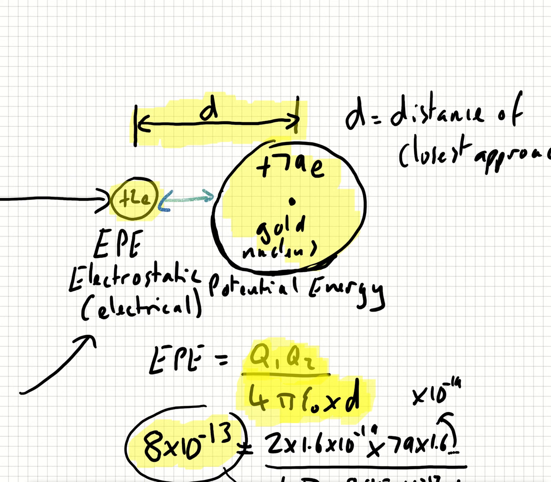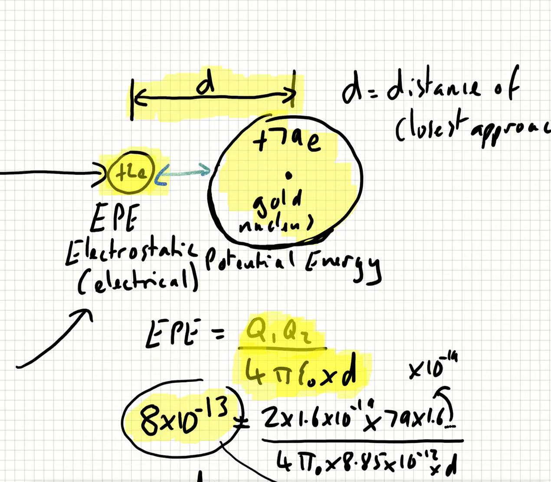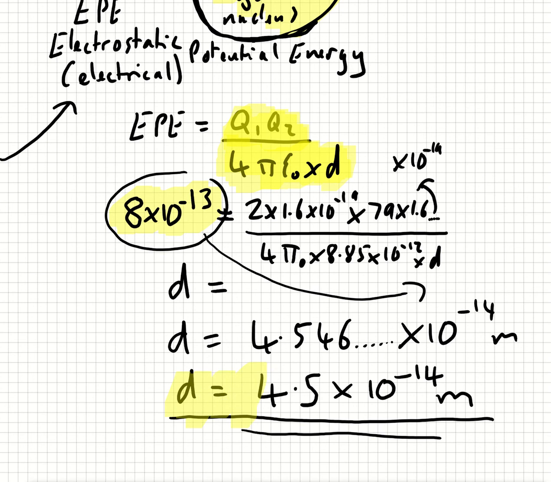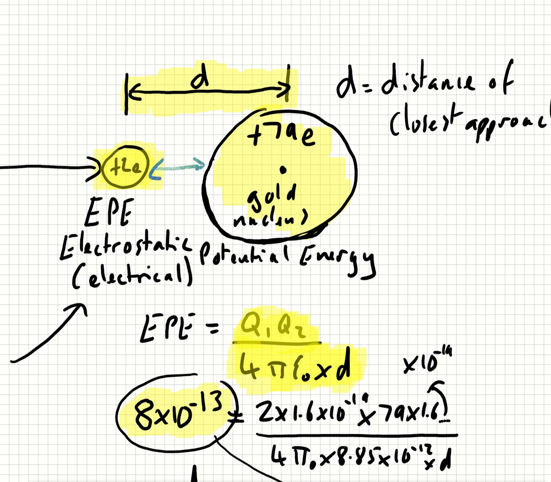A rough and ready approximation: if the alpha particle here has got within this tiny number, 4.5 times 10 to the minus 14 of a meter, then that's an upper limit for the radius. The radius can't be bigger than that. So the radius of the gold nucleus has got to be less than d.